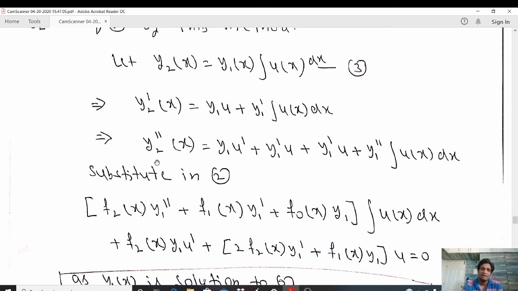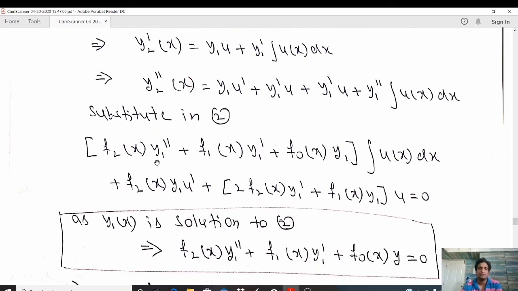Again I am finding the second derivative y2 double dash. It will come y1 u differentiation is u dash plus y1 dash into u plus here y1 dash, again differentiation of this integration function will be u, plus y1 double dash integration u(x) dx.